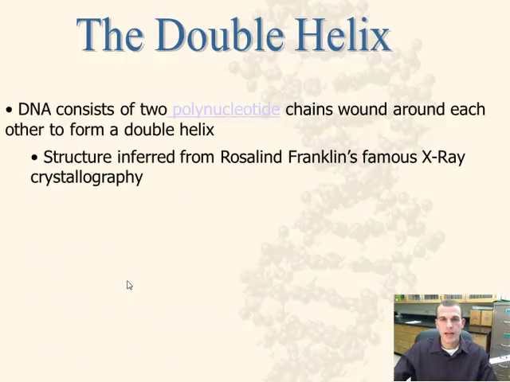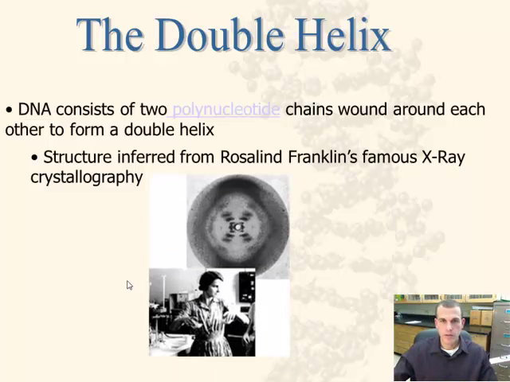The famous scientist for this is Rosalind Franklin. She worked with X-ray crystallography, and she was taking pictures of DNA. You can see on this slide the double helix with its helical shape, and here obviously is Rosalind Franklin.